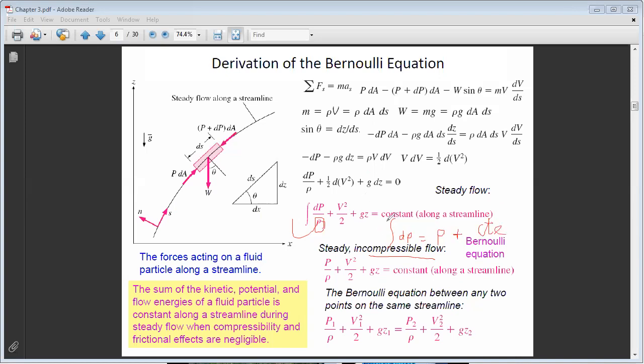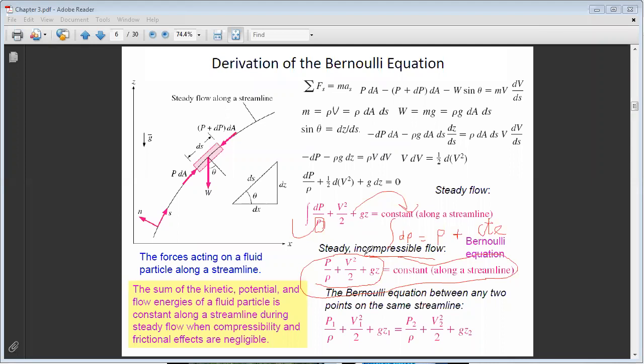All constants, you can lump them to the other side. This is why you can write the following: p over rho plus v squared over 2 plus gz is a constant.